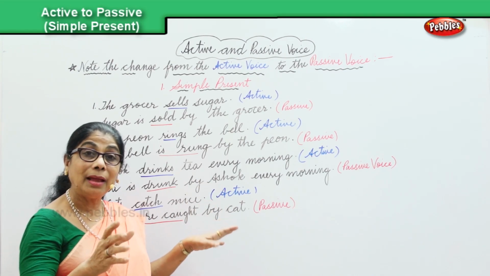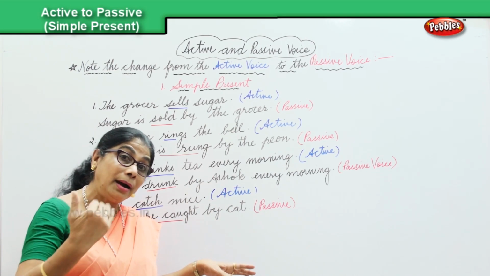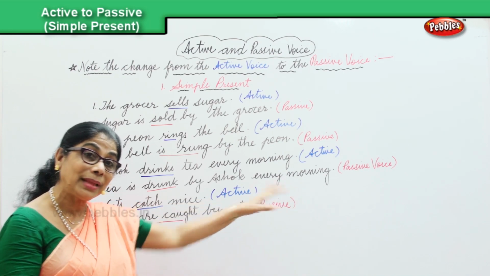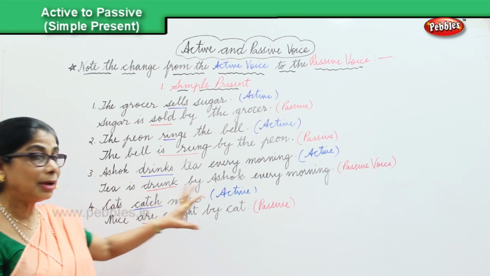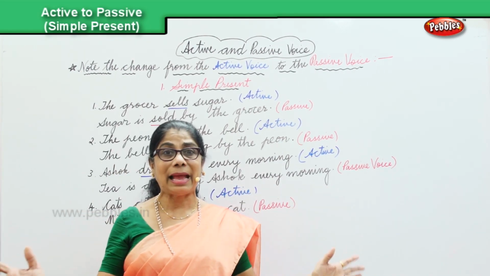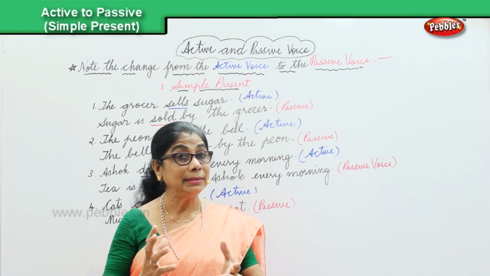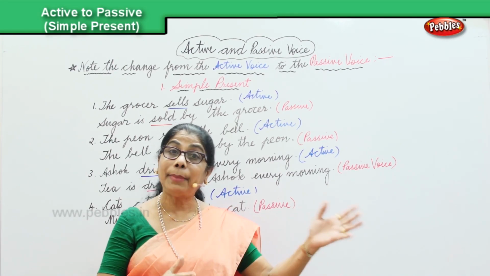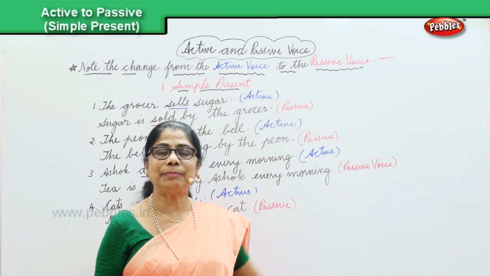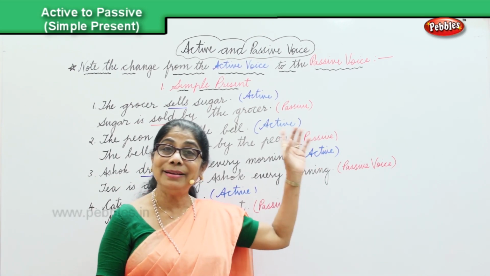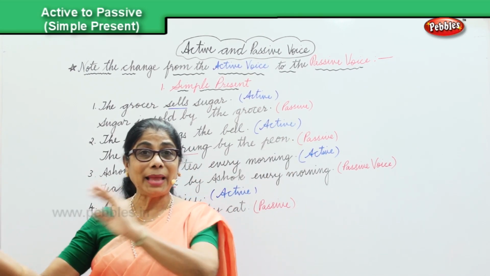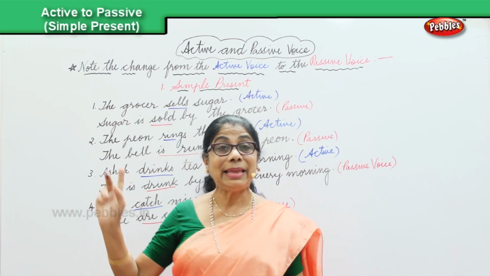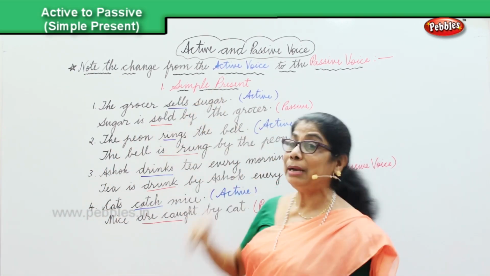The tea is drunk by Ashok every morning. Cats catch mice. Simple present. Active. Mice are caught by cat. That's passive. So we learned to change from the active to the passive in the simple present tense.